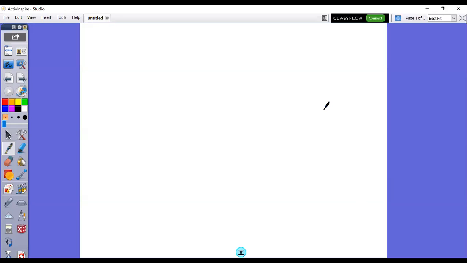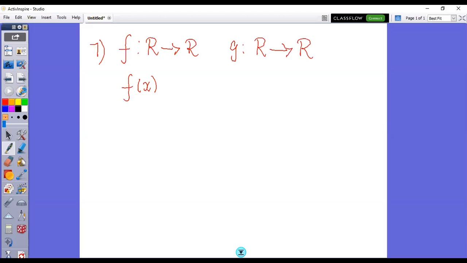Last class, we explained exercise 1.5, and the sixth sum is finished. Now we are going to the seventh sum. Let f from R to R and g from R to R, where R is a real number, be defined by f of x equal to x power 5 and g of x equal to x power 4.